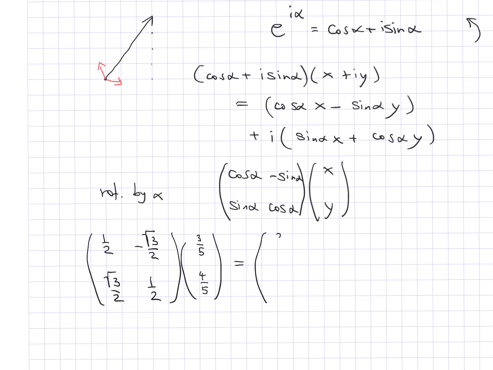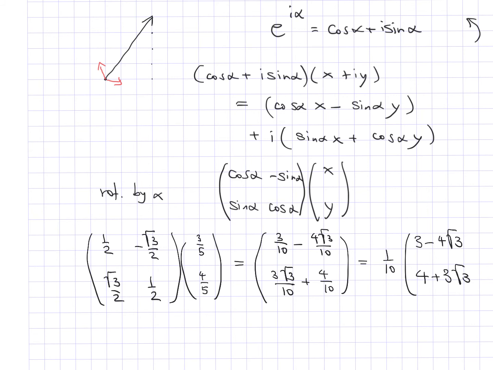So this is 1/2 times 3 over 5, minus 4 times square root of 3 over 10. The second one is 3 times square root of 3 over 10 plus 4 over 10. Of course, a much nicer way to write it is 1 over 10 times 3 minus 4 times square root of 3, and here you get 4 plus 3 times square root of 3.